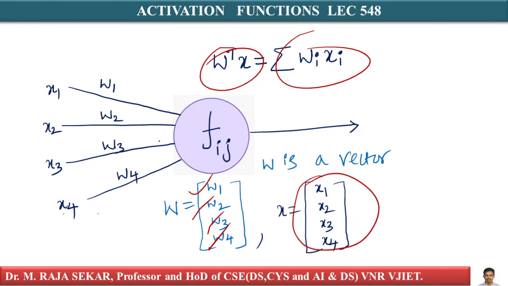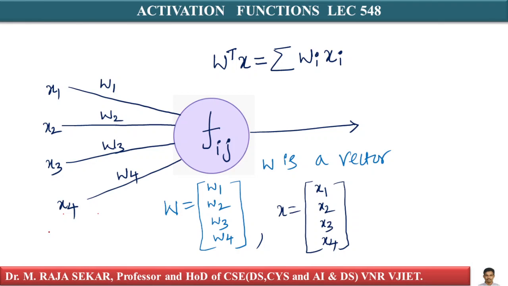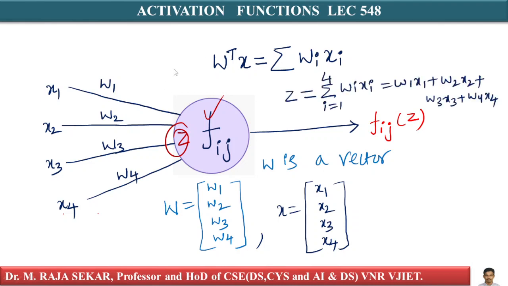What is my input to F_ij? The input to F_ij is a weighted sum. Let's call the input Z. Z equals the sum over i equals 1 to 4 of W_i x_i. That means the weighted summation: W1 x1 plus W2 x2 plus W3 x3 plus W4 x4.